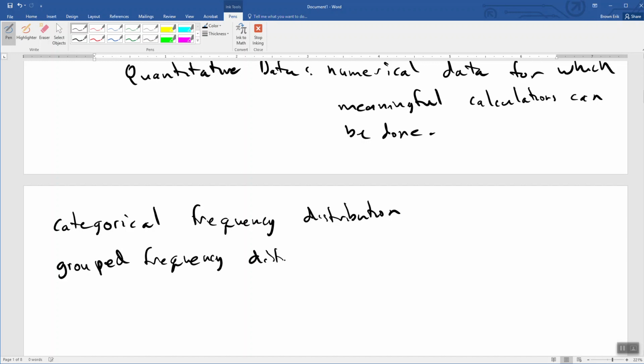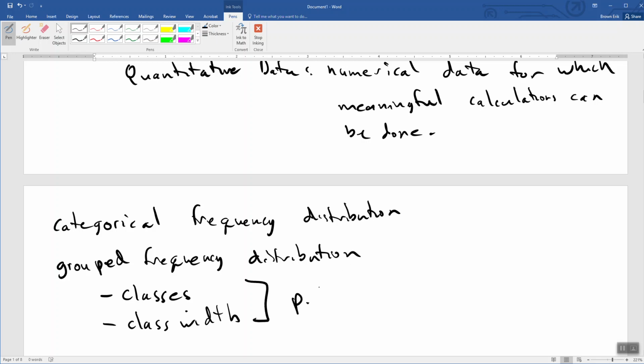And what we did with the grouped frequency distribution is we figured out how to find classes and the class width and how to put our data into those classes. Let me just reference you to page 357 where this comes from.